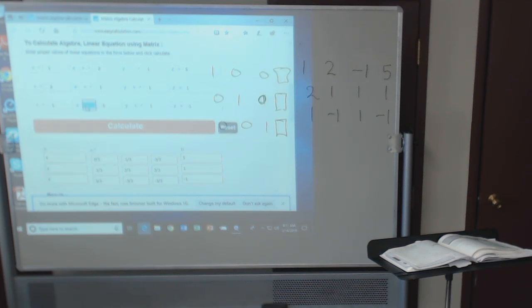Let me click this and make this -1. Maybe I can't do that even though it let me do it. Just one. And where did I put another one in? Over there. Now let's do calculate and see what happens.